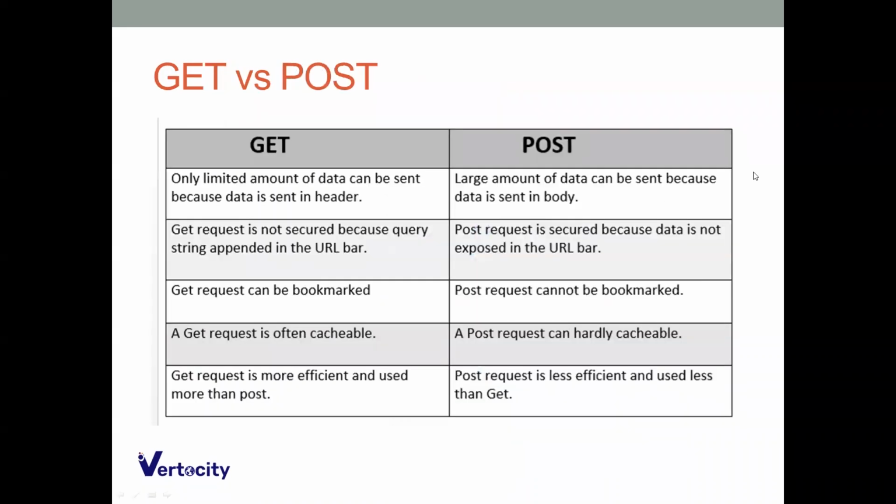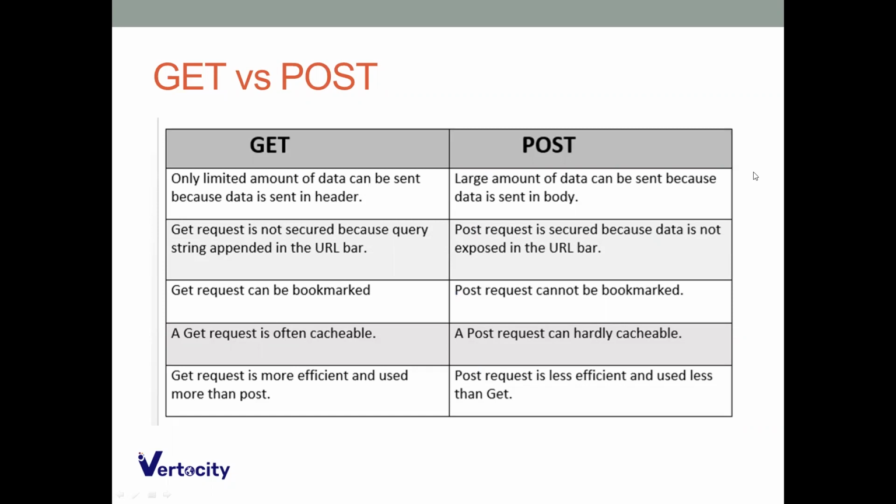Now let's see this get and post comparisons. Get is limited in the amount of data that can be sent because the data is sent in the header, whereas post can have a large amount of data because data is sent in the body.